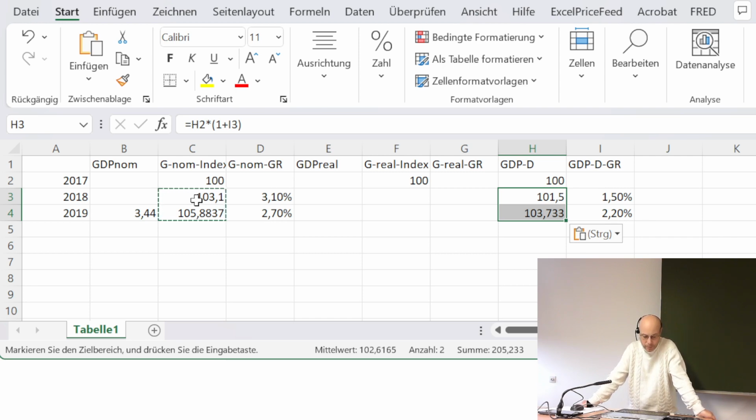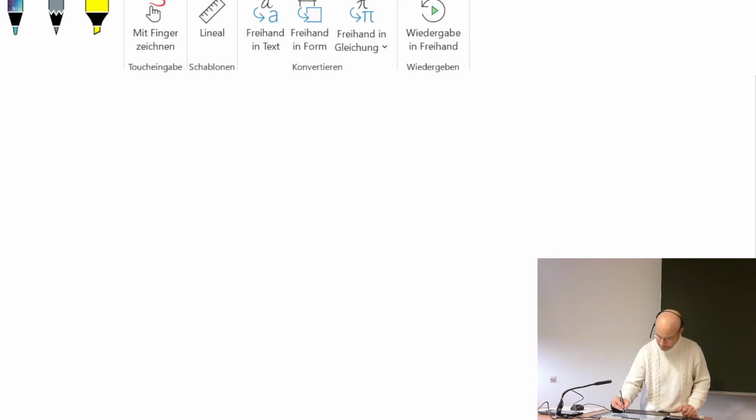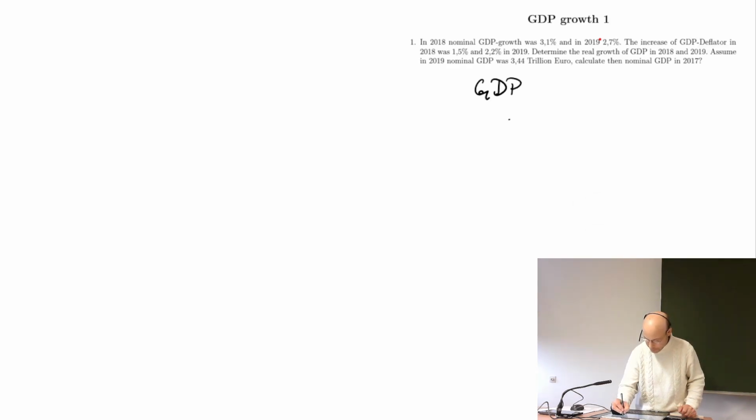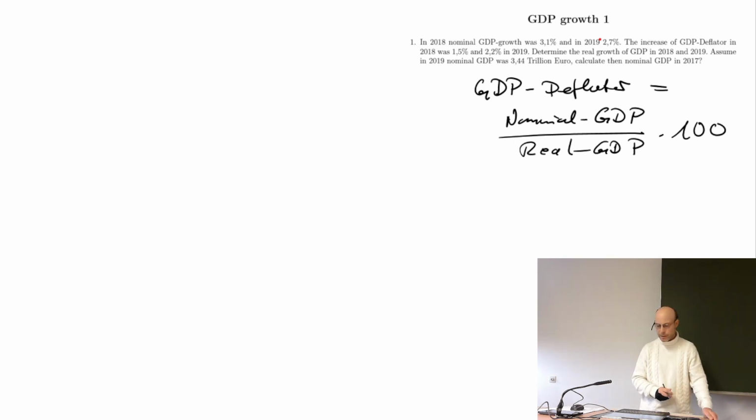So, and now we use the definition of the GDP deflator. GDP deflator was nominal GDP over real GDP times 100.